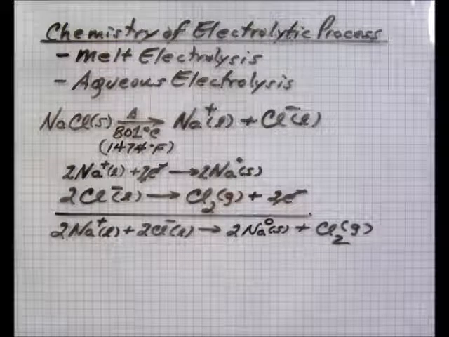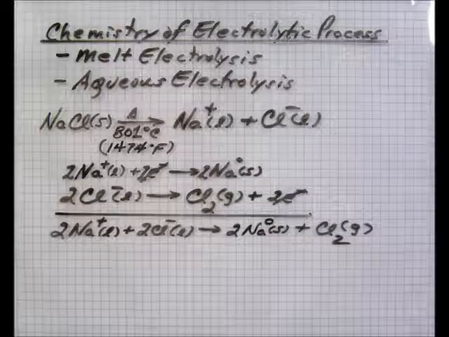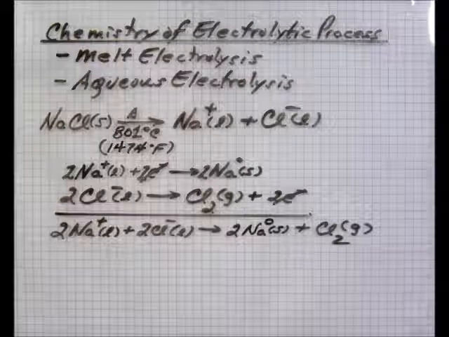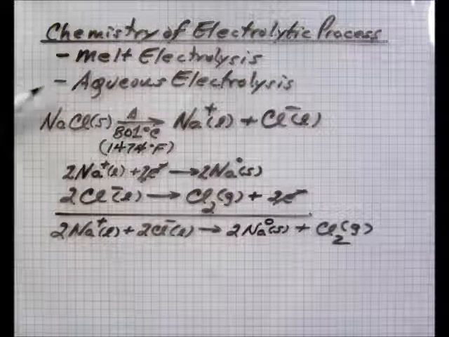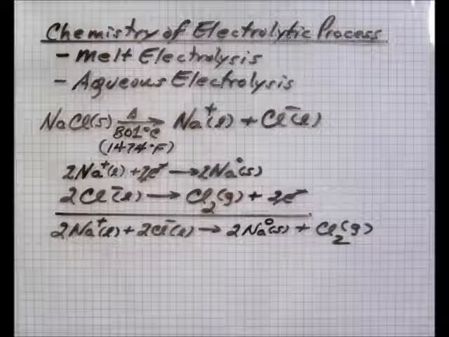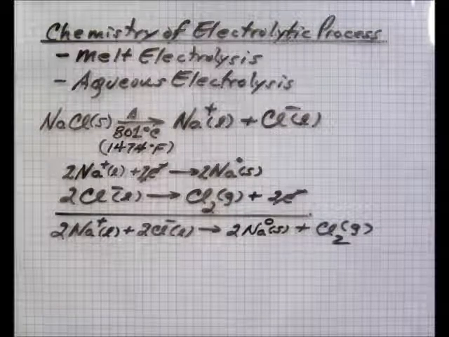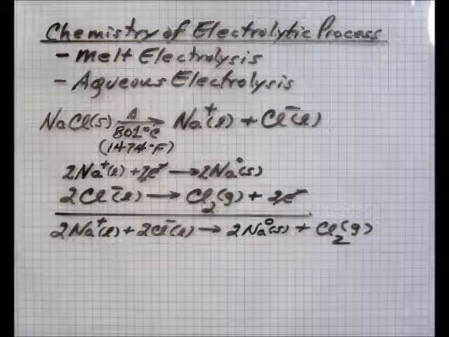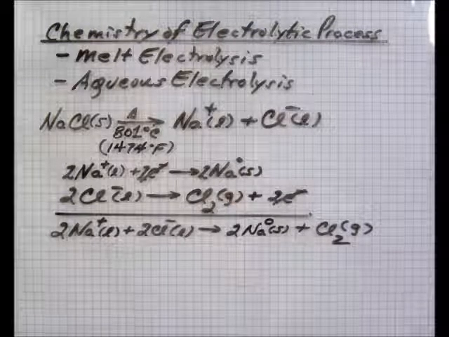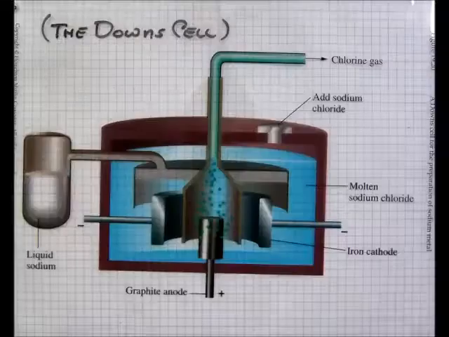It would react with the water and form sodium hydroxide. So we'll see, when we look at the aqueous electrolysis, sodium will not undergo reduction, and water will dominate that electrode and produce hydroxides.